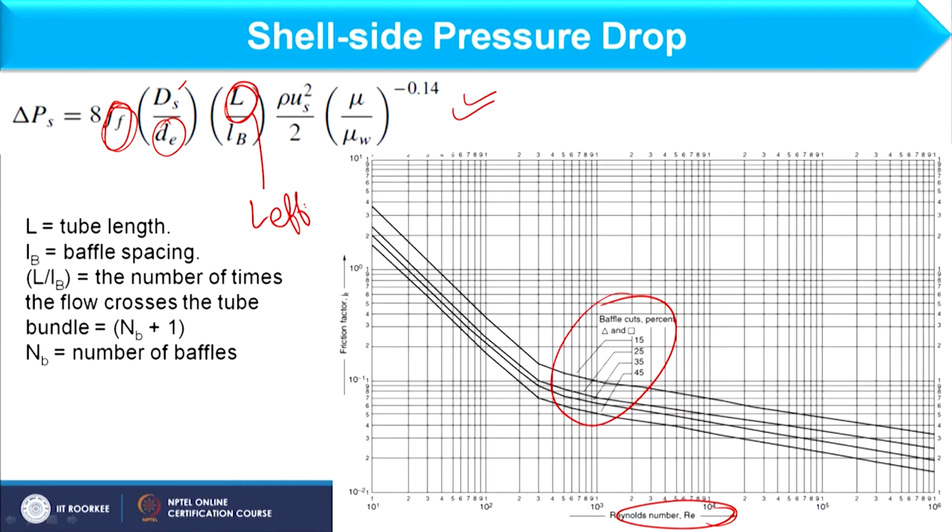That creates friction in tube side, which we have already considered while taking the complete length of the tube in delta PT calculation. But here whatever is inside the tube sheet will not participate in any friction or pressure drop.